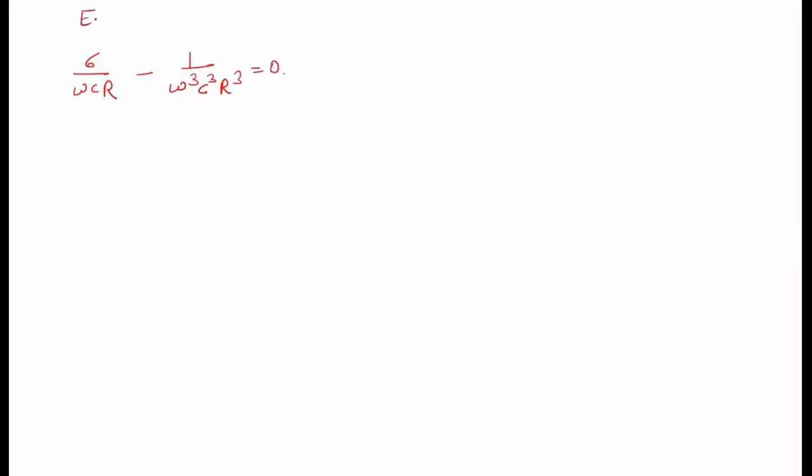So this is by equating the imaginary part equal to 0. So we can write this, J will be common. So hence solving this expression, we can write it as omega square C square R square is equal to 1 by 6.